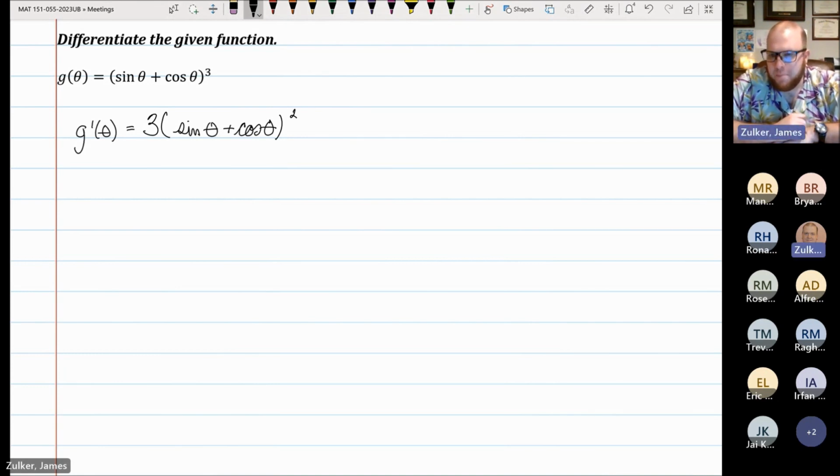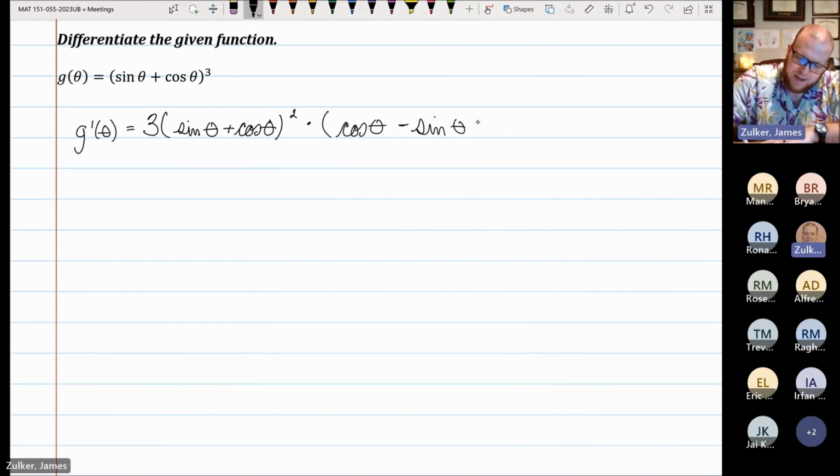Remember, bring the exponent down. So it's the power times the function raised to the power minus 1 times now the derivative of the inside function. Derivative of sine is cosine plus the derivative of cosine, which is negative sine.